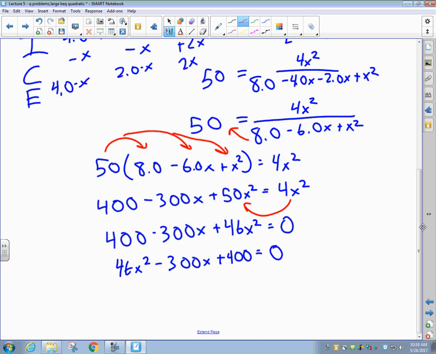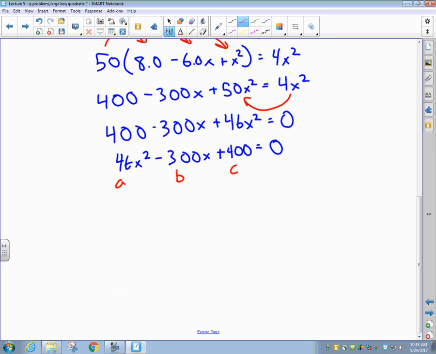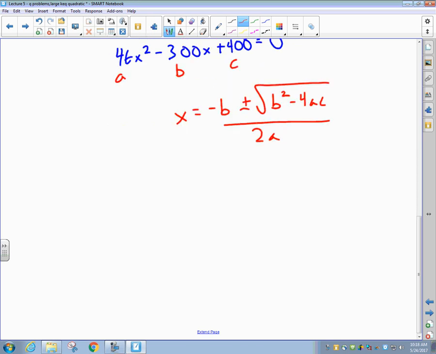And now I can identify my a, my b, and my c for the quadratic equation. Those of you that need a quick refresher, the quadratic equation is x equals negative b plus or minus the square root of b squared minus 4ac, over 2a. So I will then go ahead and write that out.